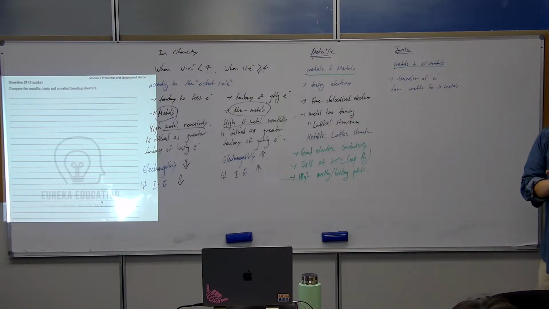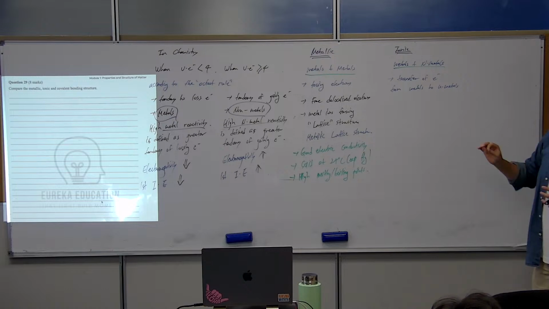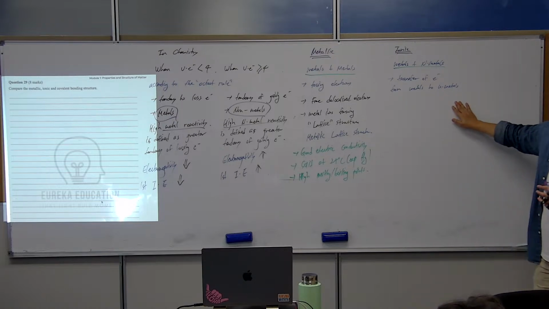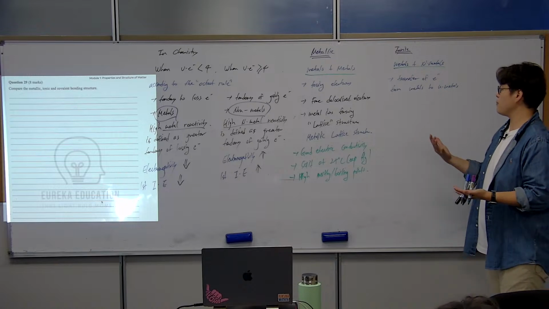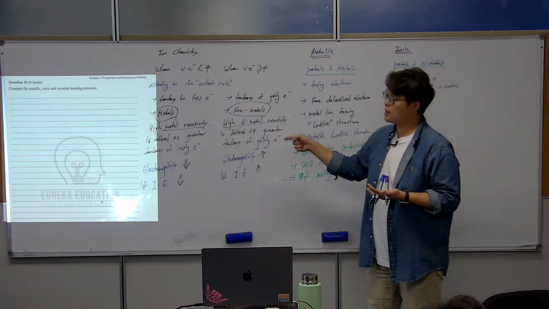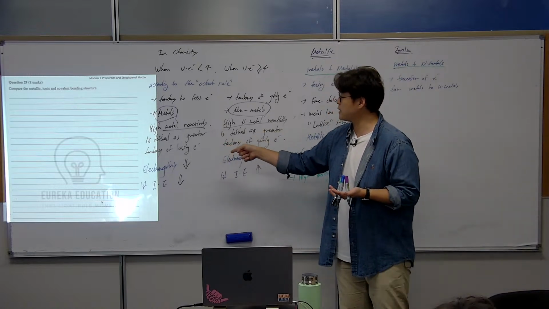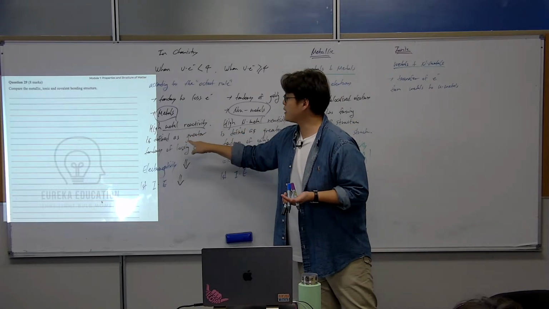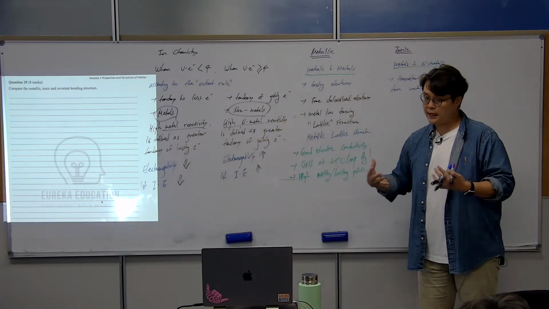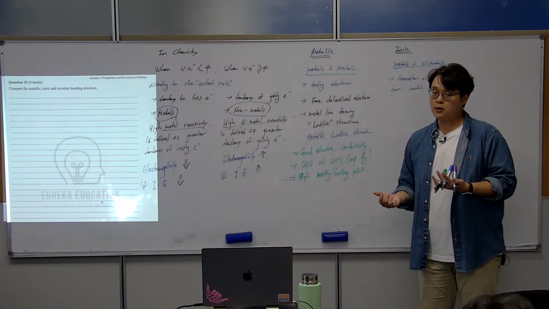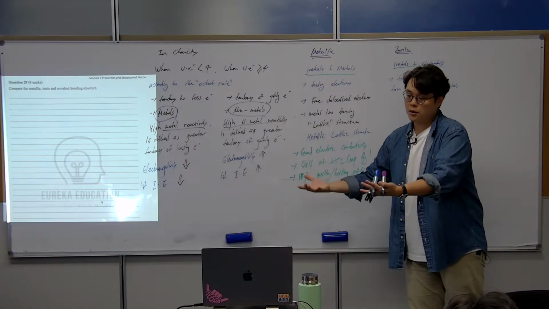Why must it be from metals to non-metals, not from non-metals to metals? Because of those characteristics again: metals have a high tendency of losing electrons, non-metals have a high tendency of gaining electrons. So it'll be a perfect combination, one loves to lose, one loves to gain electrons.